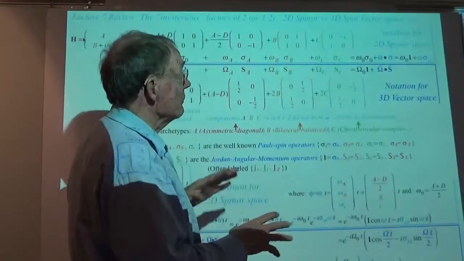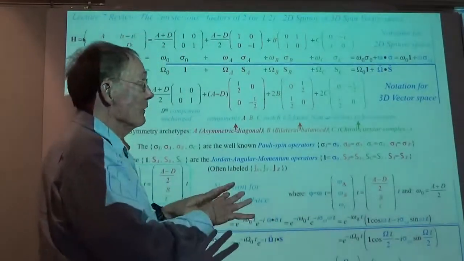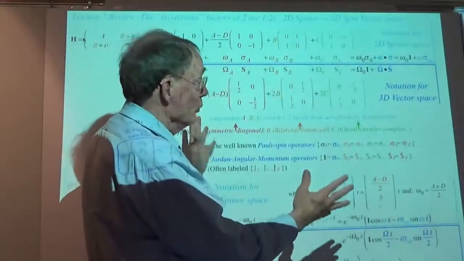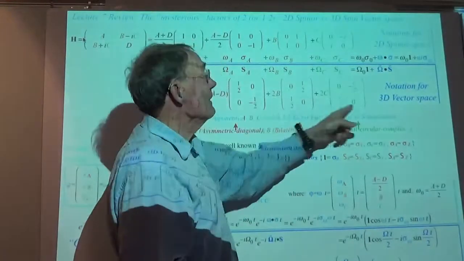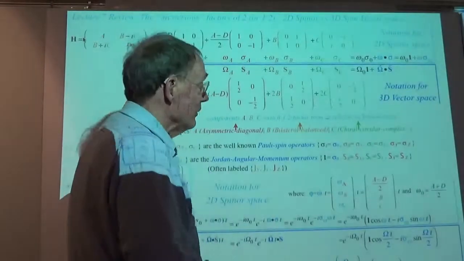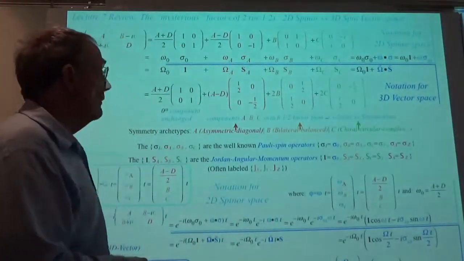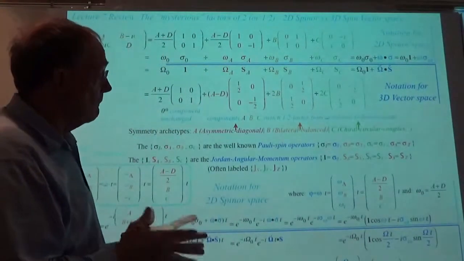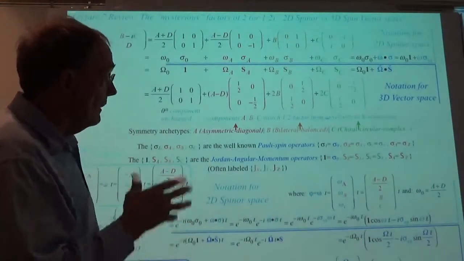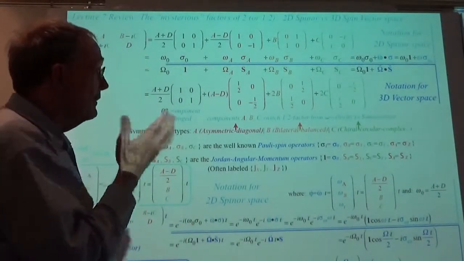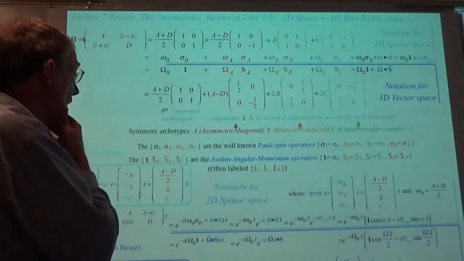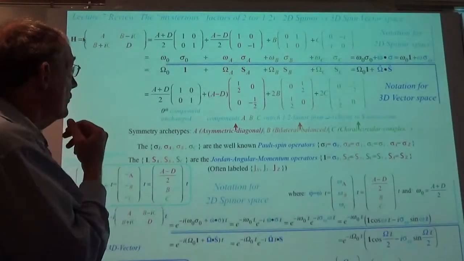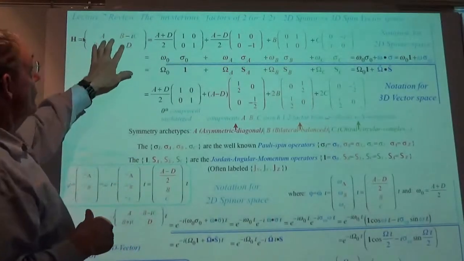It envelops, that is, the word is, it's the covering group, U2 is, that includes the rotations. And as we go through this stuff, both now and in the future, the idea of that will become clearer. But the other thing that I wanted to show also was the actual operators that this generates.